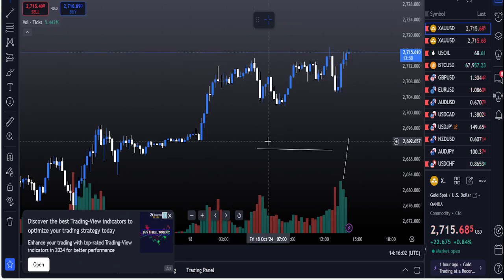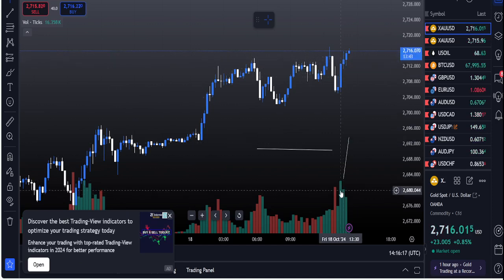In volume spread analysis, we use candlestick charts and volume histograms. We see the size of the candle, the closing of the candle, the wick of the candle, and the volume, whether it is high, low, average, very high, or very low. These five categories.